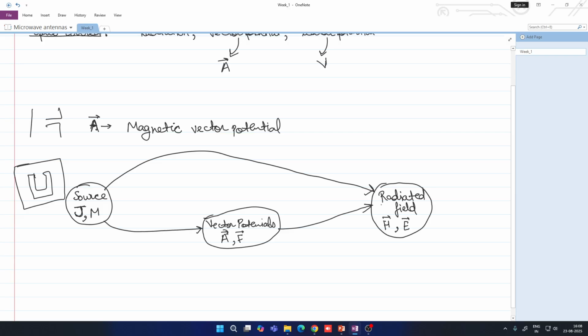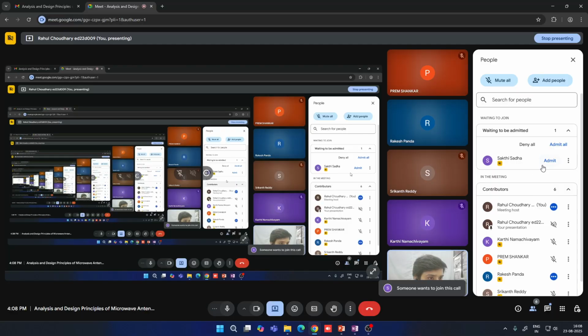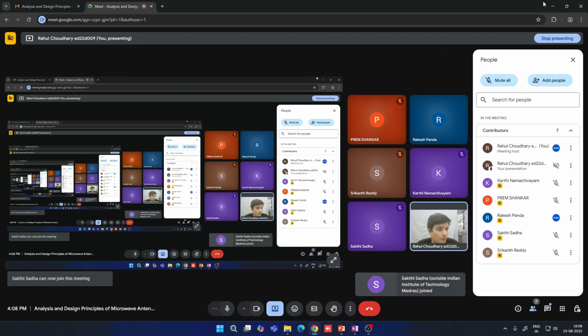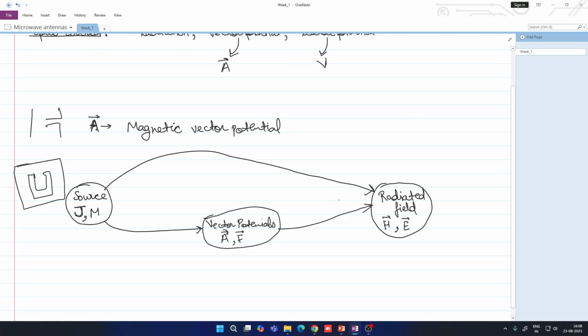Now we want to find the radiated electric and magnetic field due to that source. There are two ways to do that. We can directly find it using Maxwell's equations, which is very complicated, as a lot of calculations are involved. The second option is to use vector potentials. That's why we define vector potentials, which simplify the calculation for us.